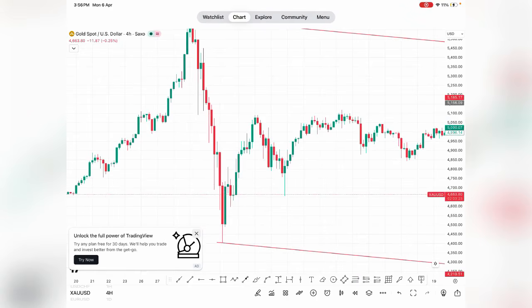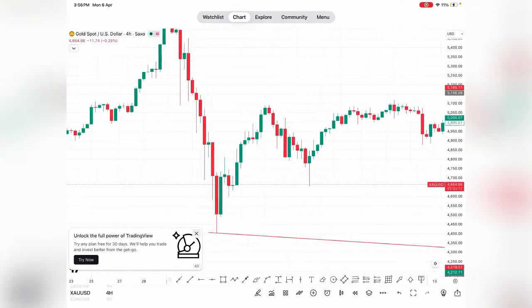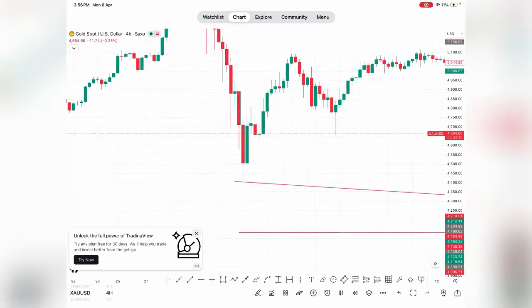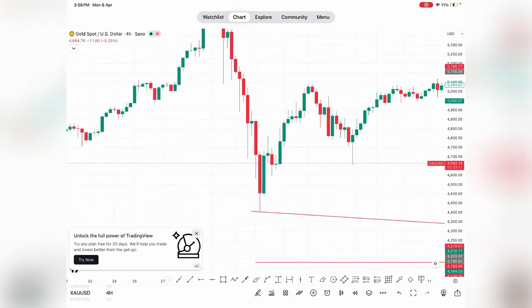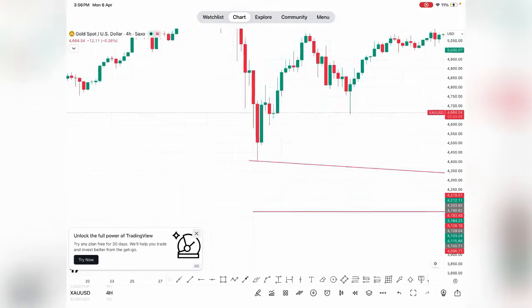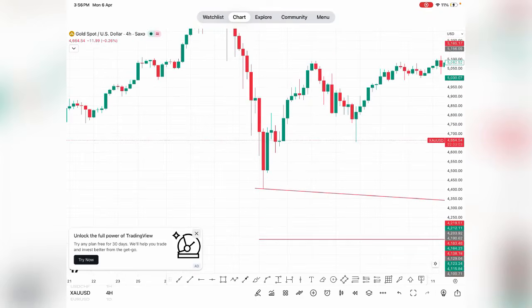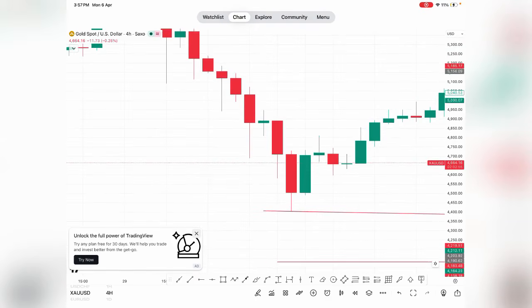Wicks are located just off a candlestick. Every candlestick, irrespective of how long or short it is, has a small tiny line indicating the wick. We have a long upper wick and a long lower wick. When it happens at the bottom of the candlestick, it is a long lower wick, which means there was rejection from the bottom.